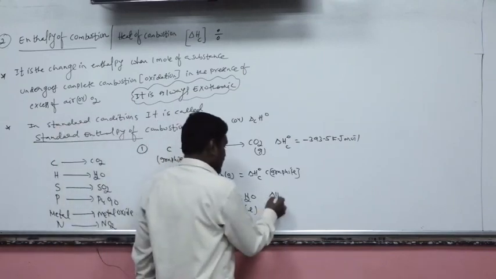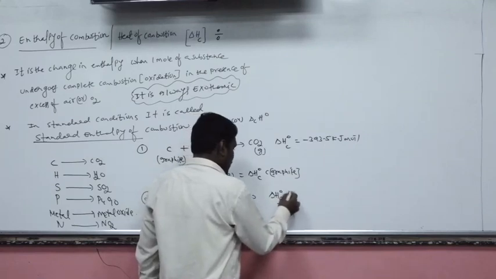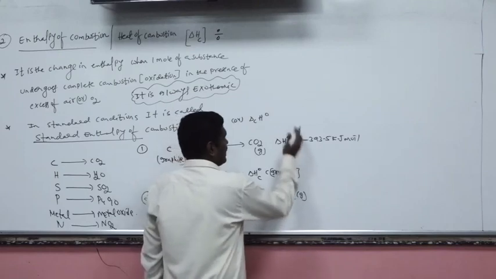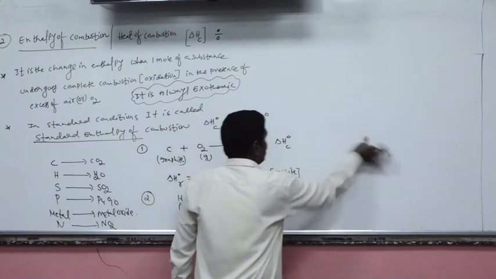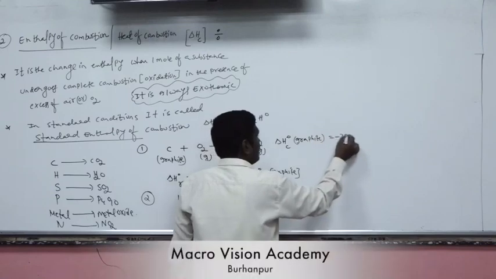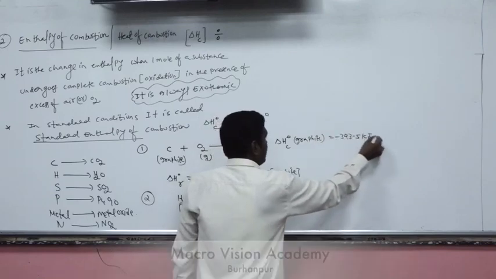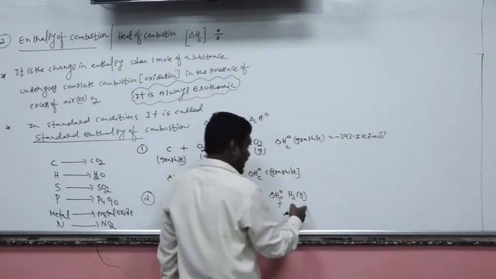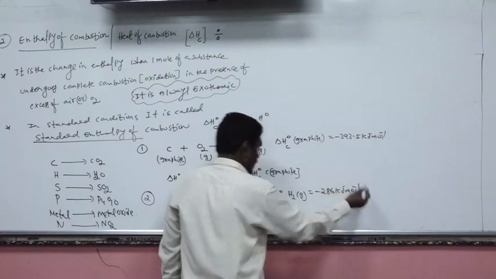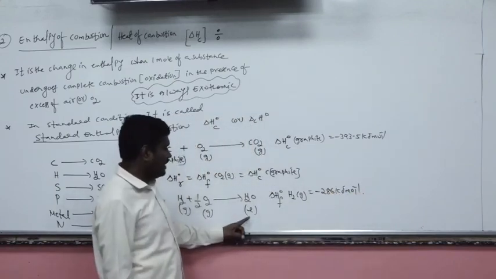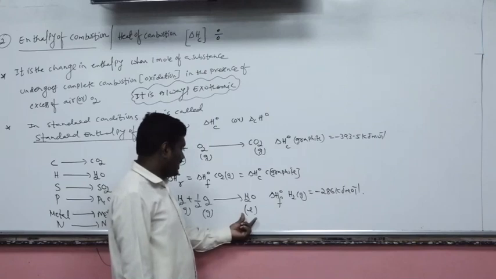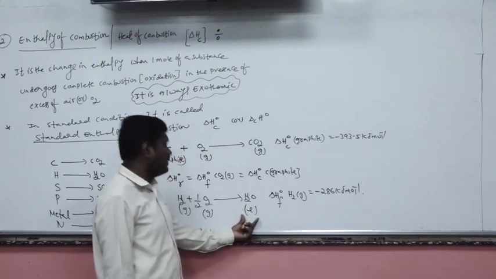The standard enthalpy of combustion of hydrogen gas is equal to minus 286. Remember, if I write the gaseous state here, then it is combustion, but not the standard enthalpy of combustion, because the physical state of water in standard condition is liquid.